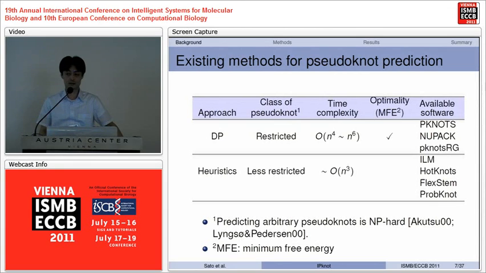Here is a summary of existing methods for pseudoknot prediction, which can be roughly classified into two approaches. The one approach includes dynamic programming-based exact algorithms, which can predict restricted classes of pseudoknots, because predicting arbitrary classes of pseudoknots has been proven to be NP-hard.